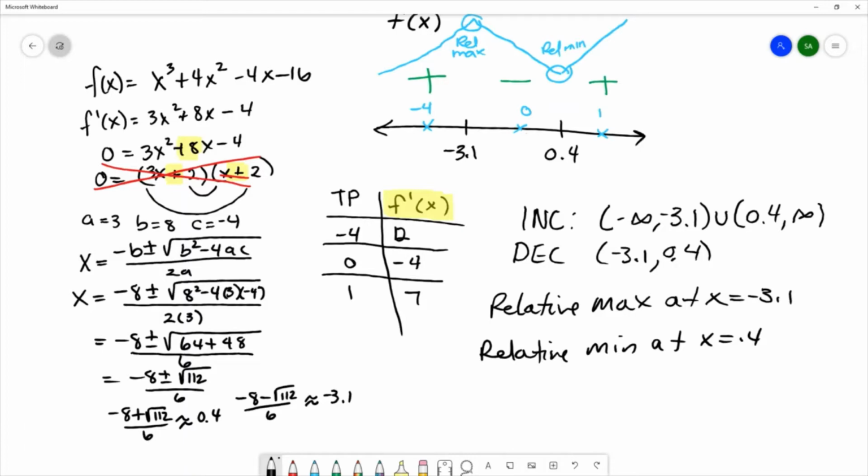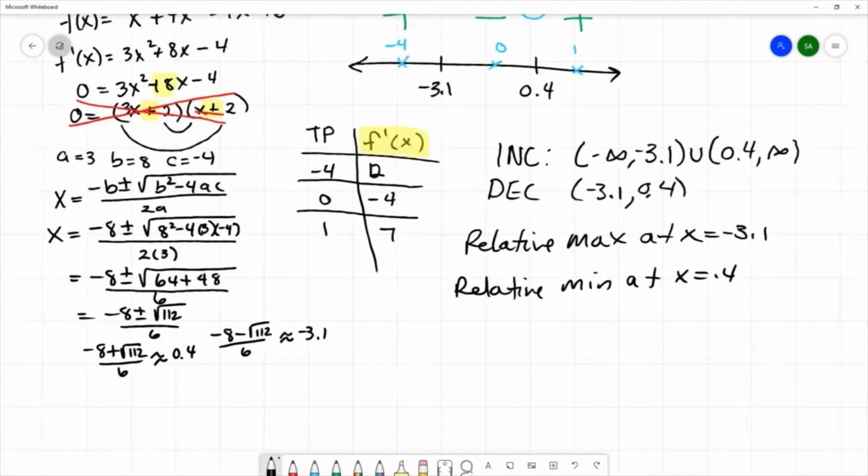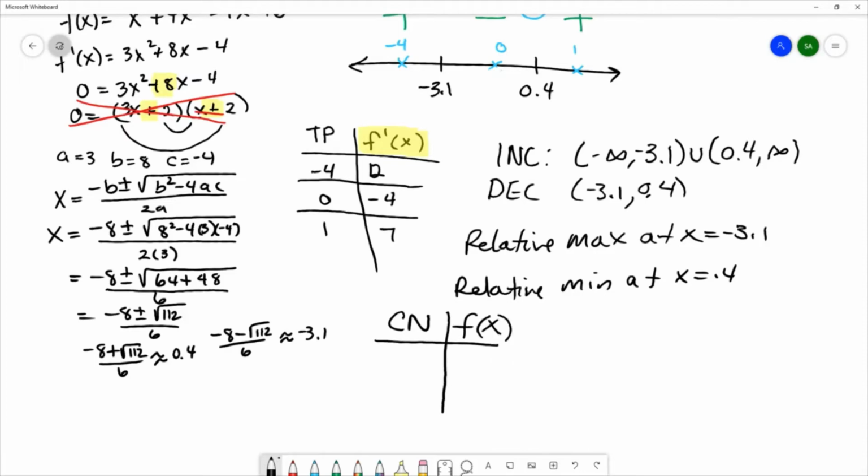Now, when we get to the point where we're going to sketch the graph, I need the ordered pair and not just the x-coordinate. So I would take these values. These are my critical numbers that I'm going to substitute into the function. Critical numbers of negative 3.1 and 0.4.